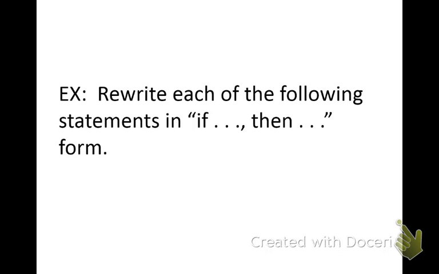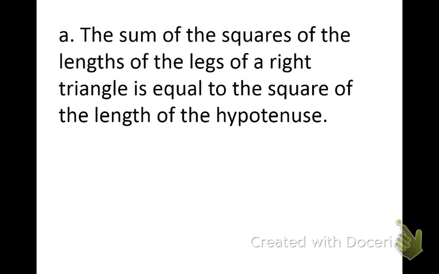So then we've got: rewrite each of the following statements in if-then form. The sum of the squares of the legs of a right triangle is equal to the square of the length of the hypotenuse. Somebody tell me how I could write that as an if-then.